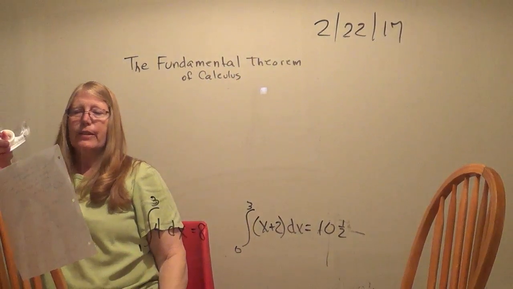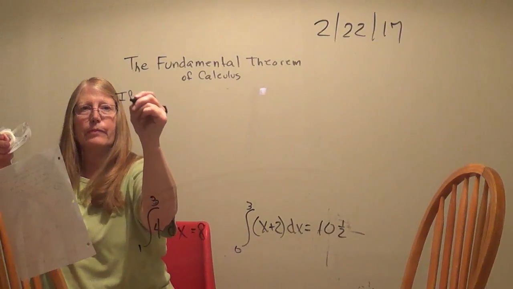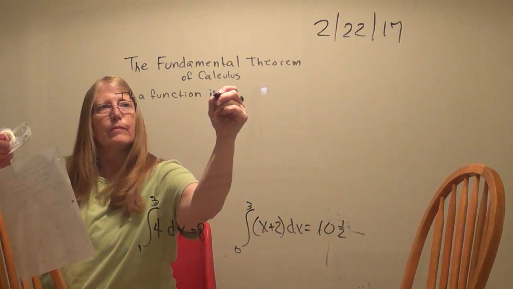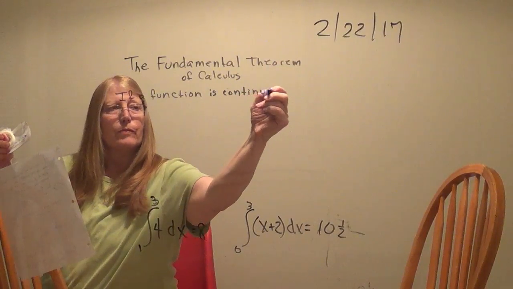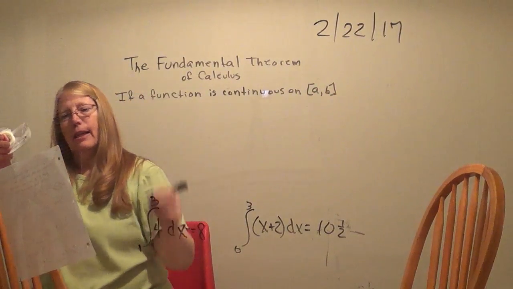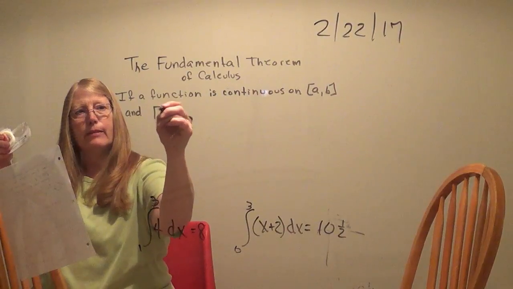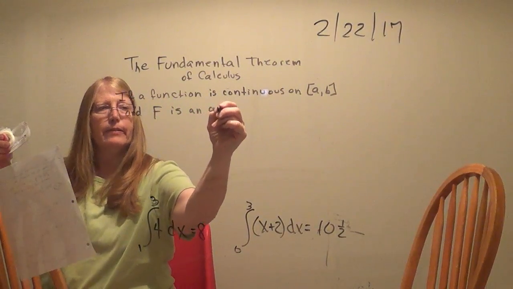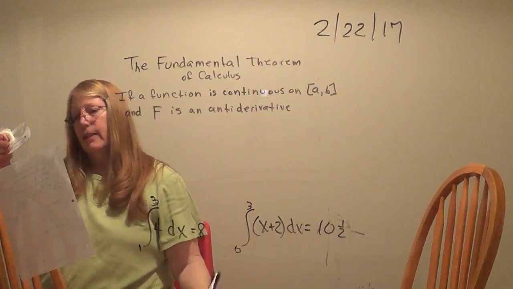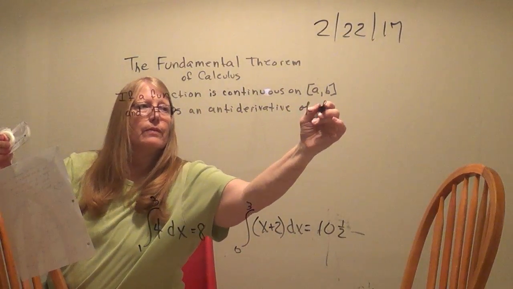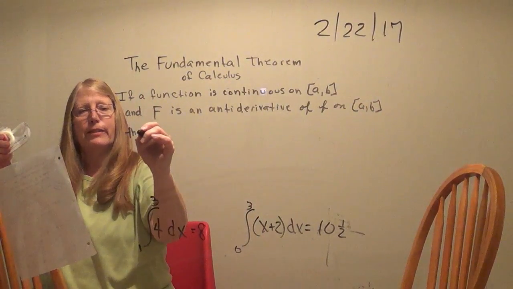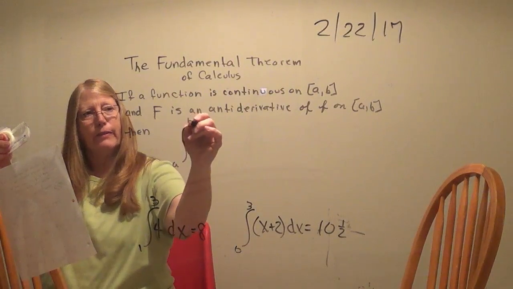Alright. If a function f is continuous on [a, b], and capital F is an antiderivative of f on [a, b], then, and here it is, your calculus life will never be the same.